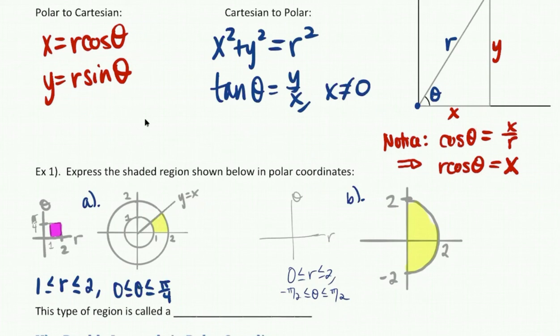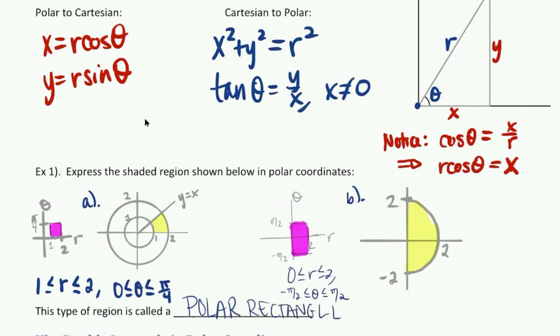Let me sketch this here, 0 to 2, and then let's say this is pi over 2, negative pi over 2, so it's this whole region. Okay, and this is important because it's much easier to integrate over a rectangular region than over a non-rectangular region. And so this type of region is called a polar rectangle.